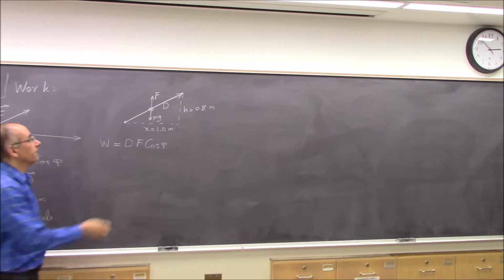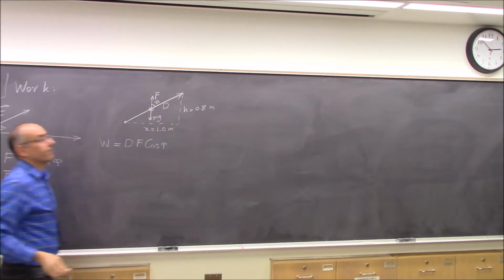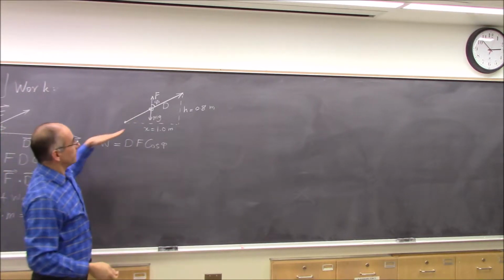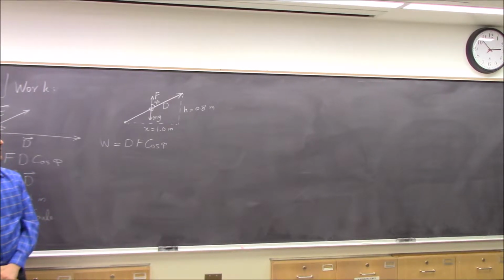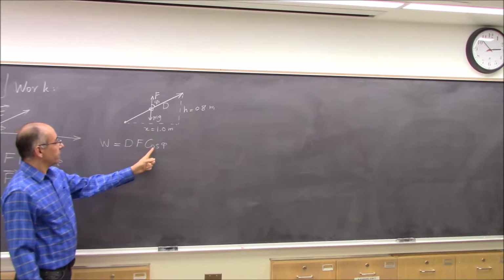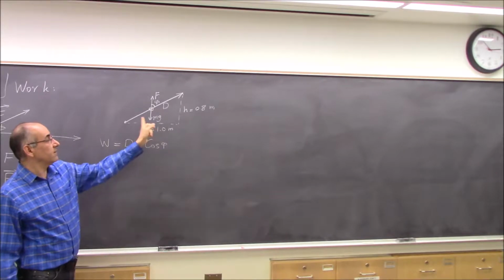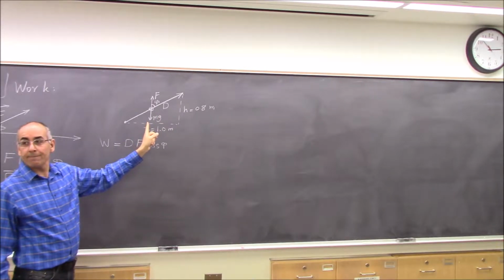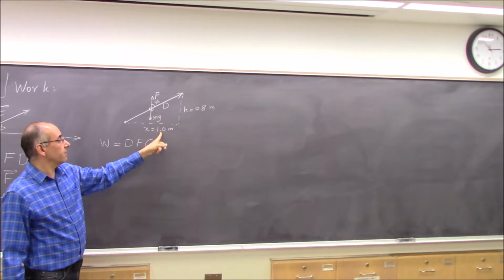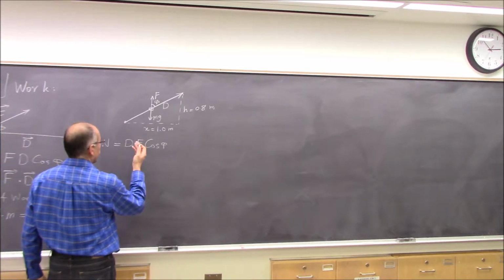It's the angle between the F vector and the displacement vector D. But what is D? Is D the same as 0.8 meters anymore? No. How much is D? Square root of 1 squared plus 0.8 squared, square root of 1.64. So let me keep it as D and F.